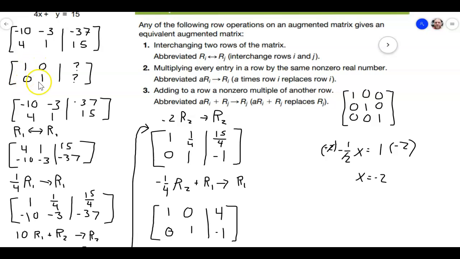And then you start with the next column. You always start with the position that you want to get the 1 in, and then you do your zeros next. And you just keep going through from column to column until you finish, always starting with the position that has the 1 in it.